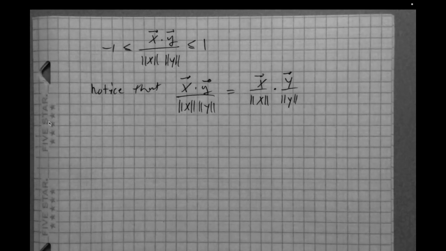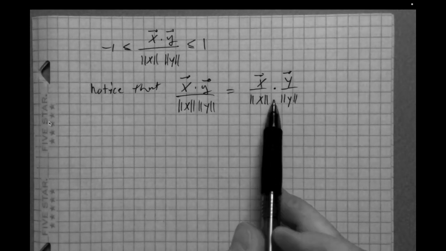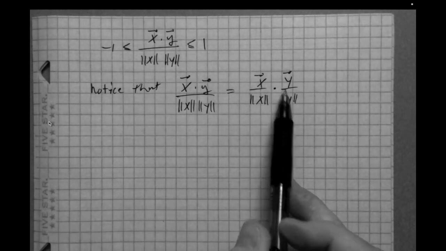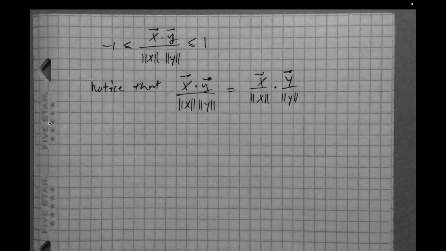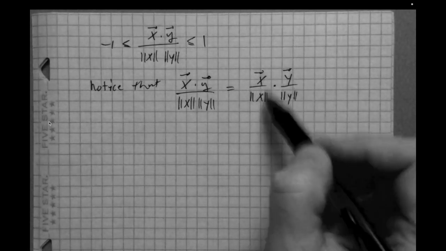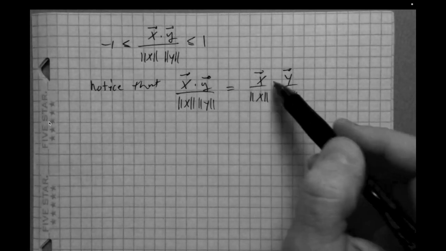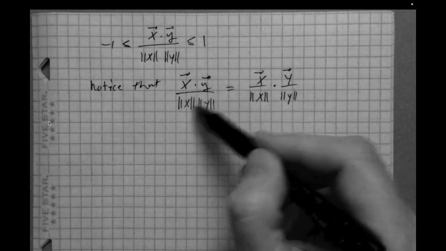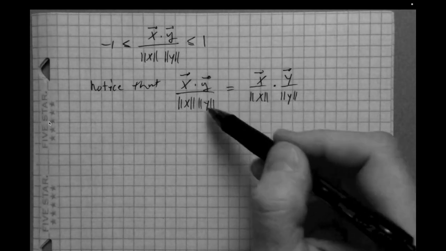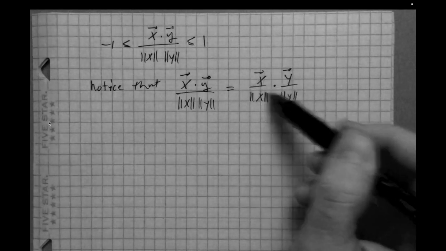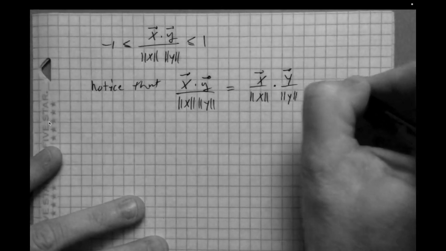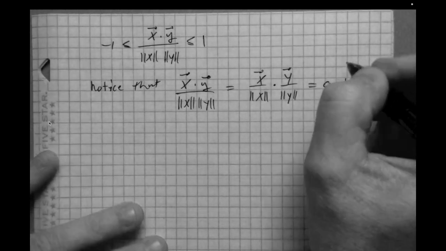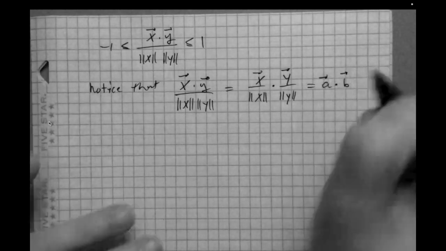Now that comes from some properties that we discussed previously of constants and how the dot product and constants can interact, right? So hopefully this is clear, but you can break each of these pieces up, think of 1 over the norm of x and 1 over the norm of y as constants, and so they can be broken apart in the dot product here. Okay, and we're going to just call these a dot b. Okay, vectors a dot b.